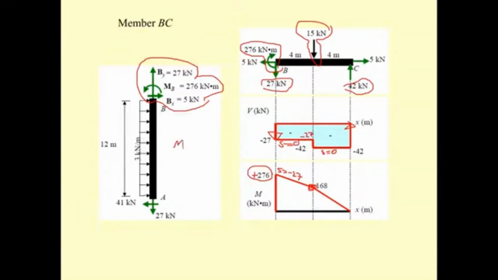M minus 276 is going to be equal to the area here, which is minus 27 times 4. And then you get the moment of plus 168.